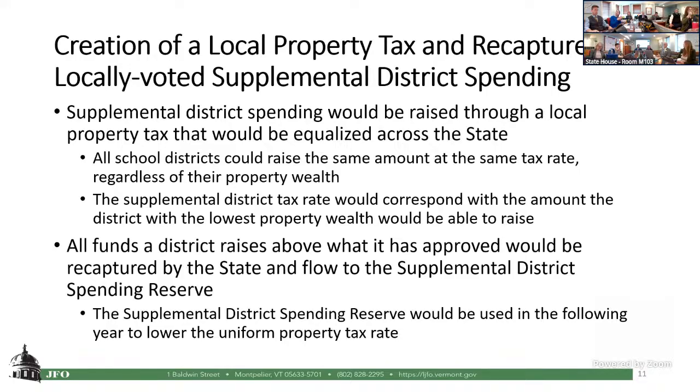And I would say the other piece that I think is important to keep in mind too, is that unlike in the current system, where one school district's increased spending has a ripple impact into all other property tax rates, in this mechanism, the supplemental district spending tax is localized solely to the districts that are choosing to have and voters approve the supplemental district spending.